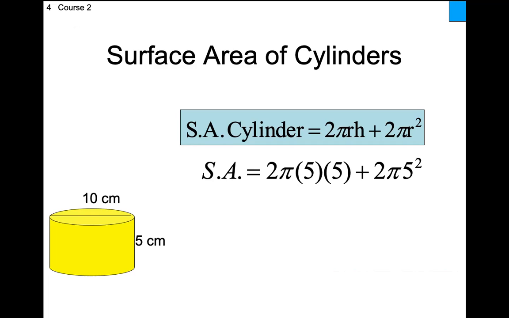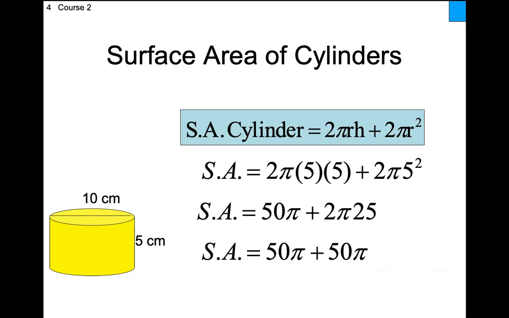Put your calculator down, good Lord. 25 times 2. 2 quarters. You got 2 quarters in your hand. What can you buy? 50. Thank you. Not at the store I buy gum from, I wish. All right. 50 plus 50 is 100. So we got 100 pi.